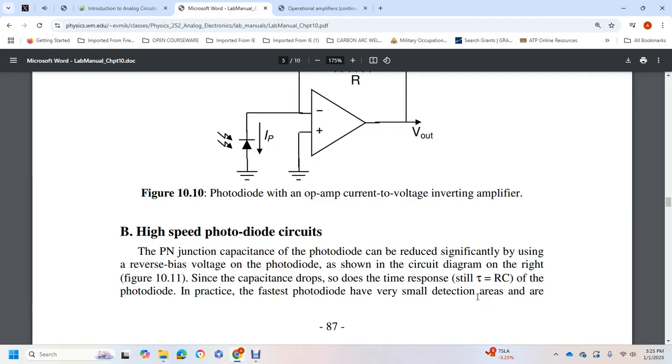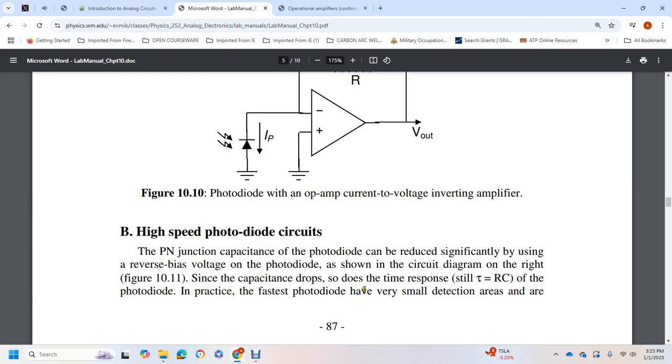High-speed photodiode circuits. The capacitance of the photodiode's positive negative junction can be reduced significantly with a reverse bias voltage, as shown in the circuit diagram on the right of figure 10.11, and since the capacitance drops, the time response, equal to the resistance times the capacitance over the photodiode, improves.